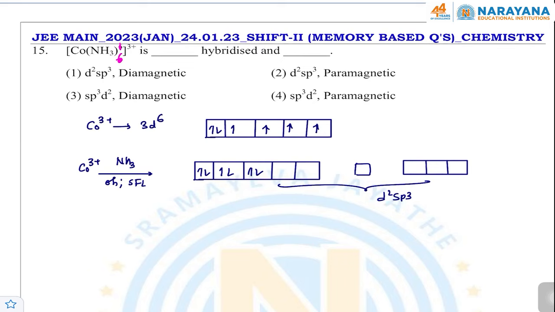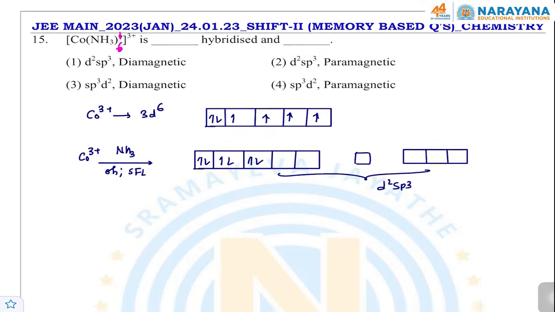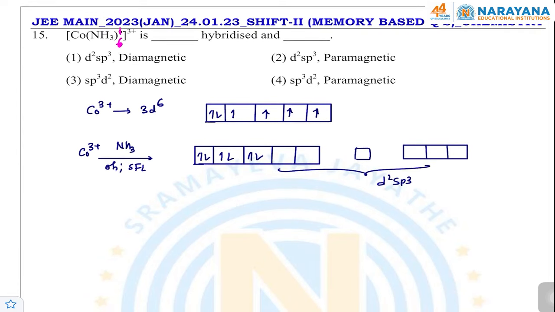For [Co(NH3)6]3+, what is the hybridization and the magnetic moment? It is again a commonly asked question generally. Cobalt plus 3, we know that its atomic number is 27. Cobalt plus 3 will have 3d6 electronic configuration. With cobalt plus 3, ammonia is a strong field ligand and pairing of electrons takes place.